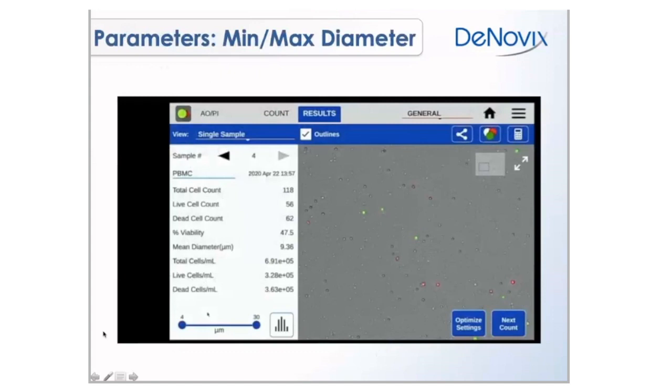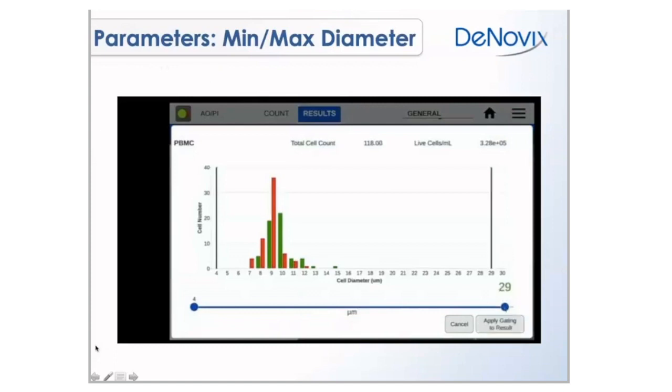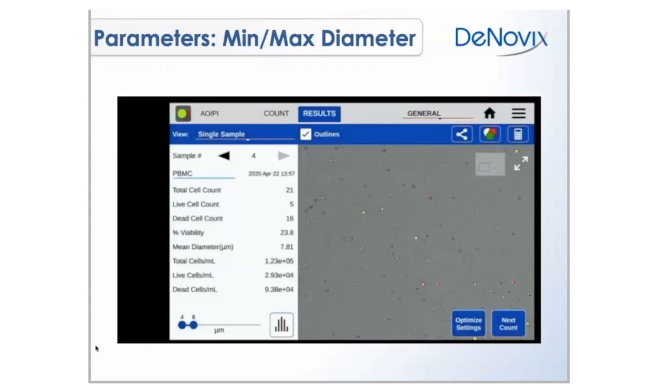So the min-max diameter is pretty straightforward. There's one thing that we have on the cell drop that I think is kind of nice is that you can do real-time size gating. So you can either look at a graph of your cell diameters, which you have here, and say you happen to know that these are yeast cells and they really shouldn't be over 8 microns in diameter. You can adjust it like that. You also can visually adjust things on the fly.